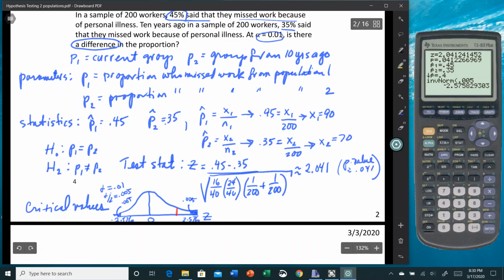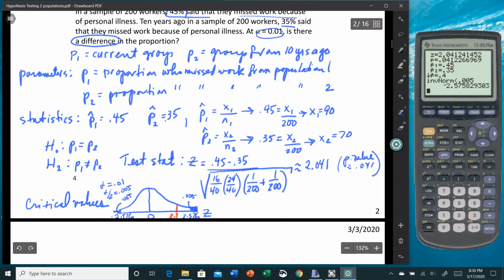Yay. Okay, so this is 2.041. So you can see it's not in the rejection region.